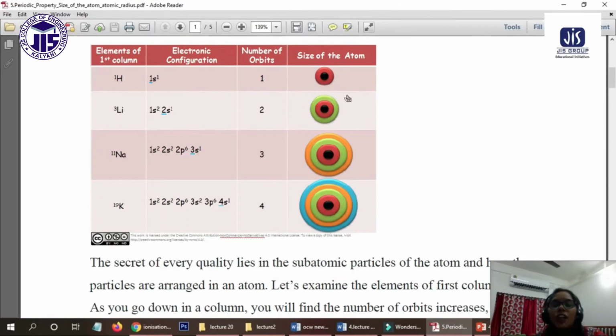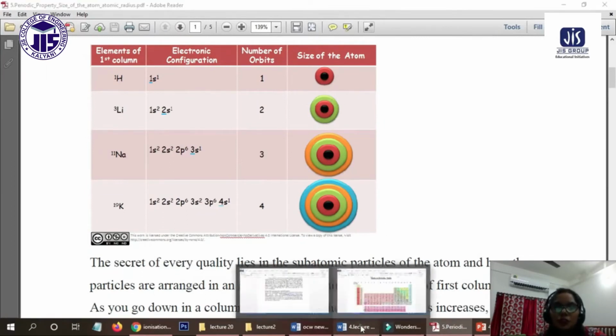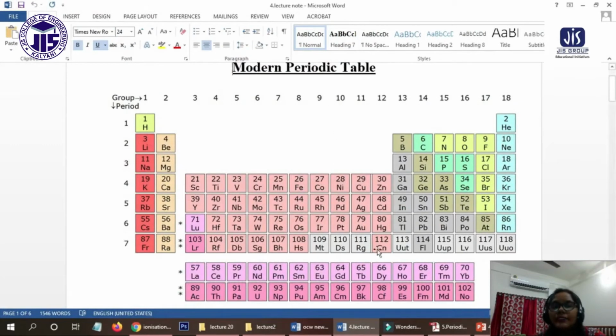You should know this is our modern periodic table, and these vertical columns are called groups, and the horizontal rows are called periods.